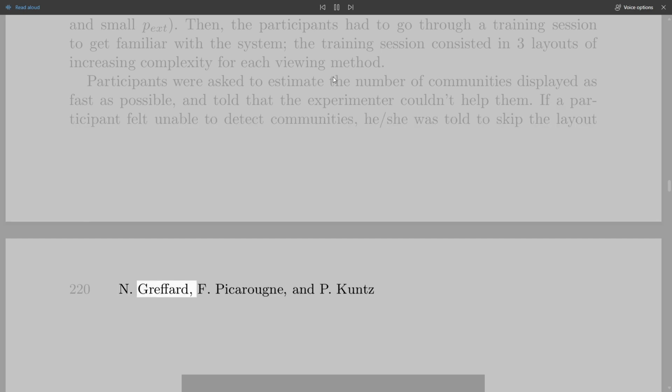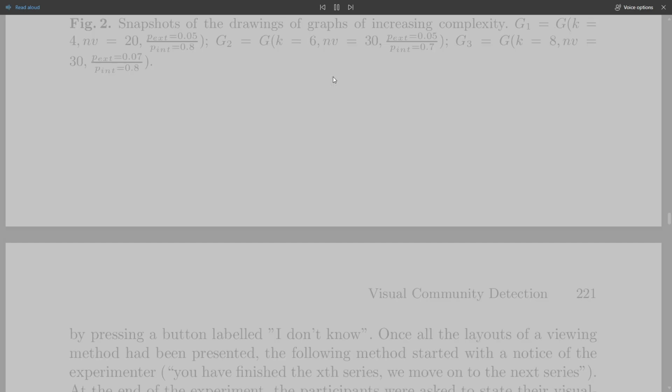N. Greffard, F. Picarougne, and P. Kuntz. Figure 2. Snapshots of the drawings of graphs of increasing complexity. G1 equals G, K equals 4, NV equals 20, pext equals 0.05, pint equals 0.8.